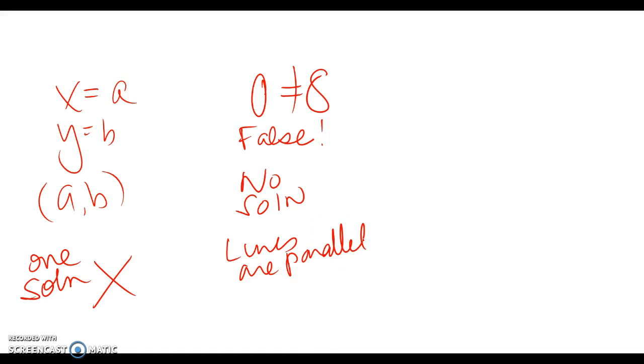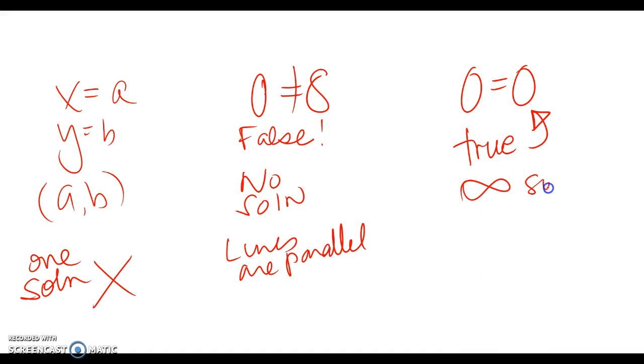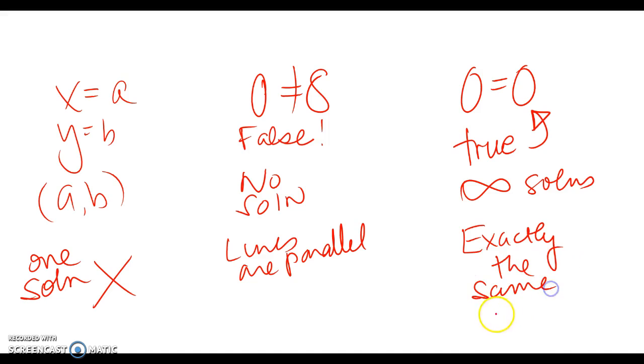If you solve the system of linear equations and get a true statement, it means there's an infinite number of solutions and we have exactly the same lines. The two lines lie right over the top of each other.